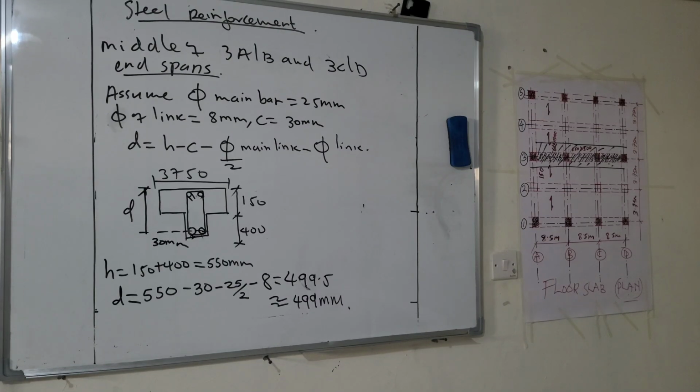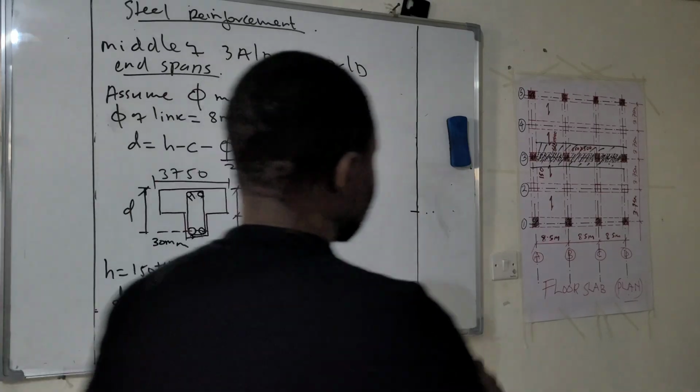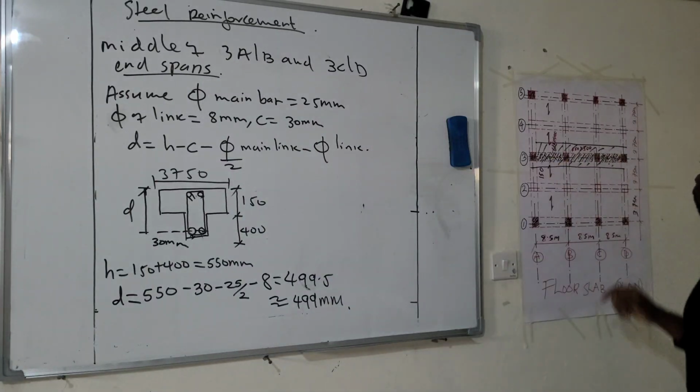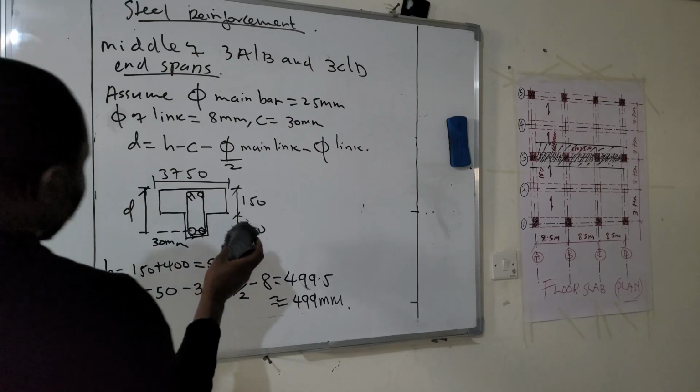So since this end span, this one and this one, doesn't have a reversal moment, a reversal moment meaning the ultimate design moment is negative, it therefore means the width of the beam will be the lesser of the following.